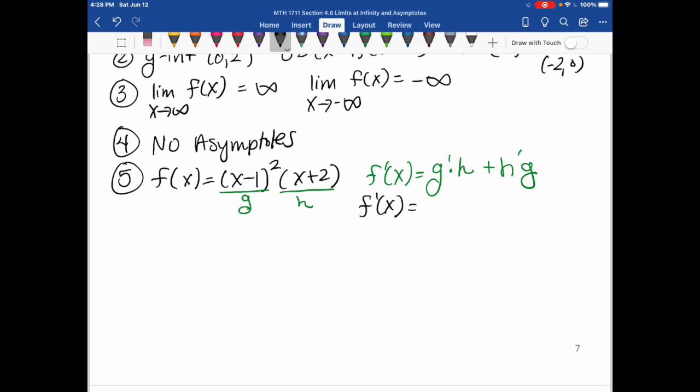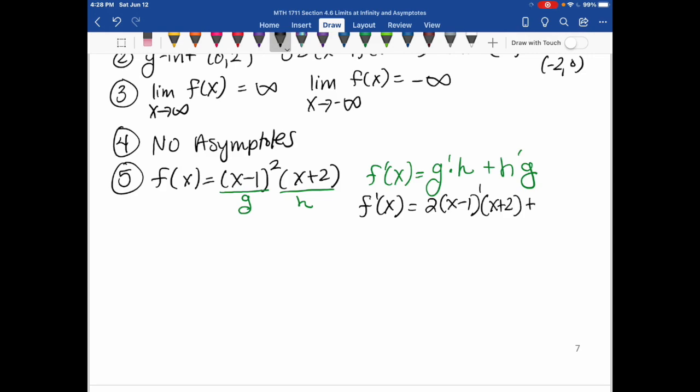So when I take the derivative of g, I get 2 times (x minus 1), and then I take that 2 and bring it down by 1, so it's to the first, and then I multiply by the derivative of the inner function, which is just 1. And then I have to multiply that by h, which is (x plus 2).